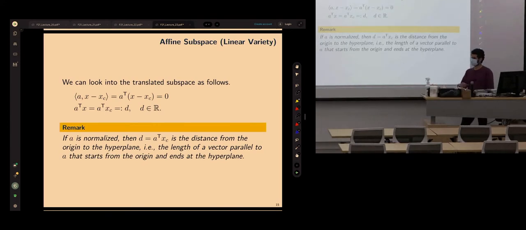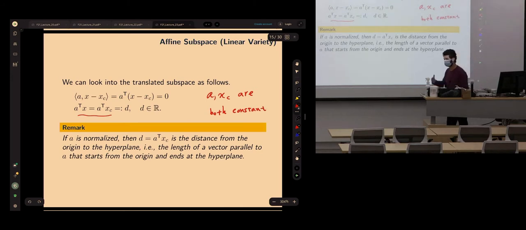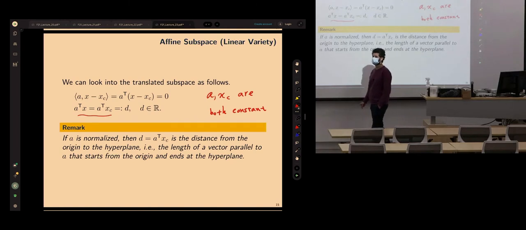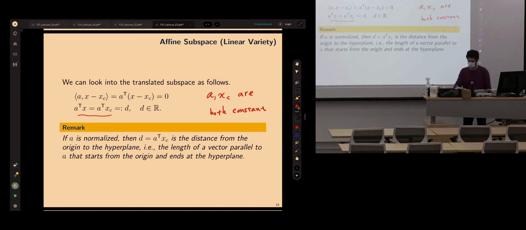It's A transpose multiplied by x minus xc, which gives us A transpose x equals A transpose xc. Now, A and xc are both constant, right? We're given A as a constant vector, xc is just a constant vector. We translated the subspace. Their dot product will be just a number like d, a real number.